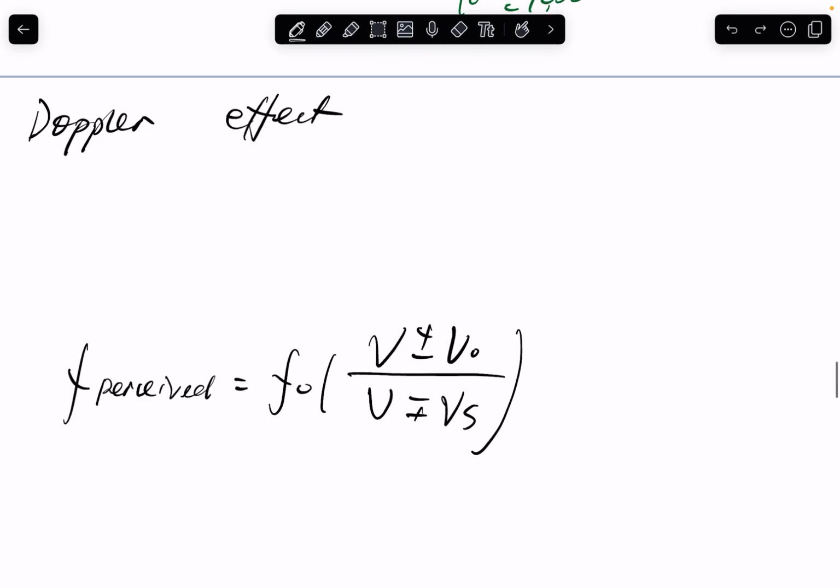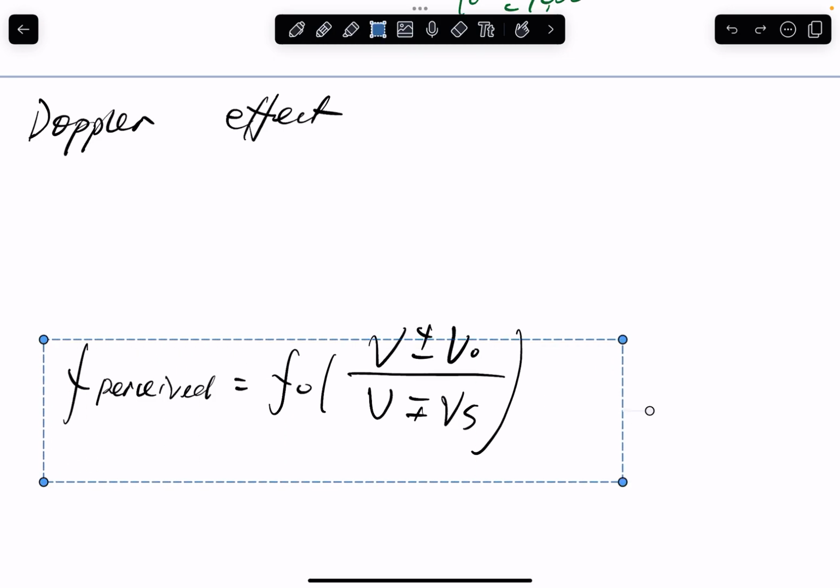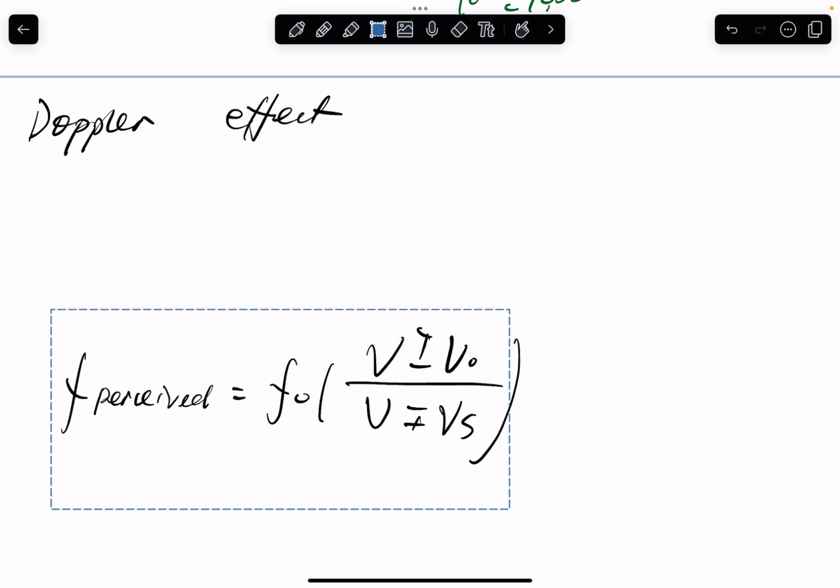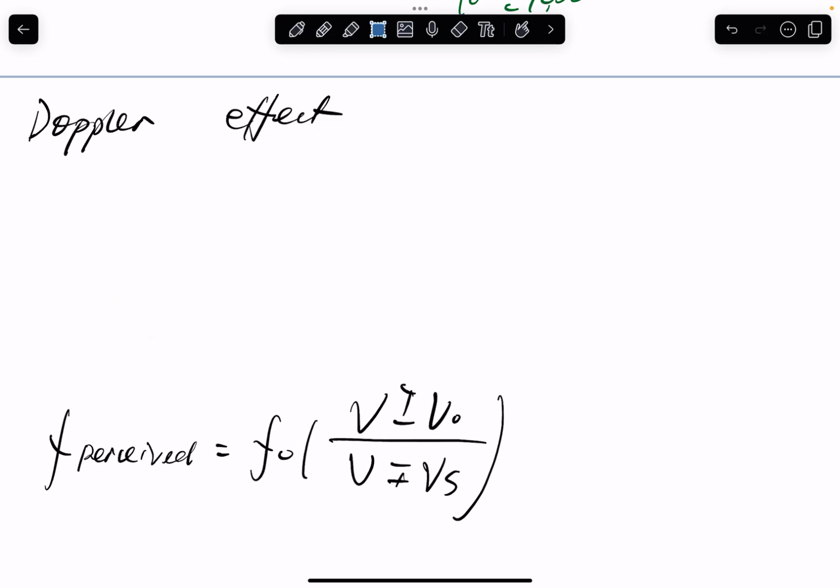So let's first go over some common sense. As you are approaching something, let's say this is a car, and there's a siren on top of the car, it's a police car, that goes off. And you are here.